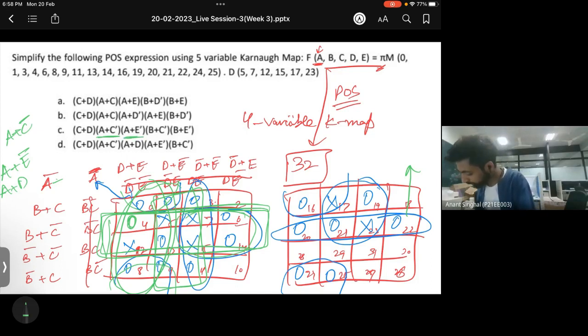Let's check for this also. I guess I missed something here.